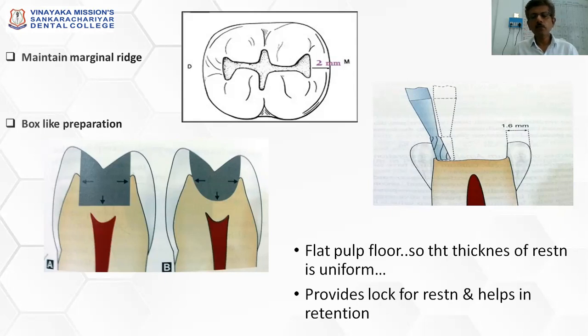A flat pulpal floor of ideal thickness is quite important, such that the restorative material gets the proper resistance when it is put in place. This also provides a sort of locking mechanism for the restoration and also helps in retention.